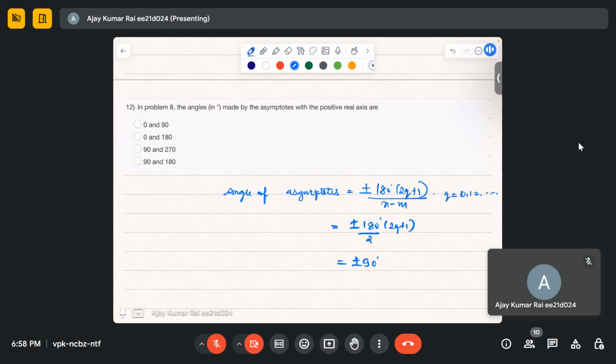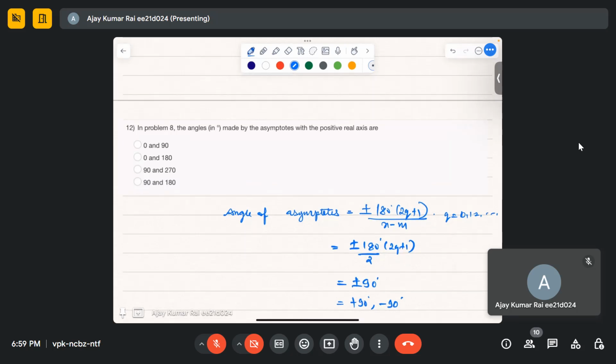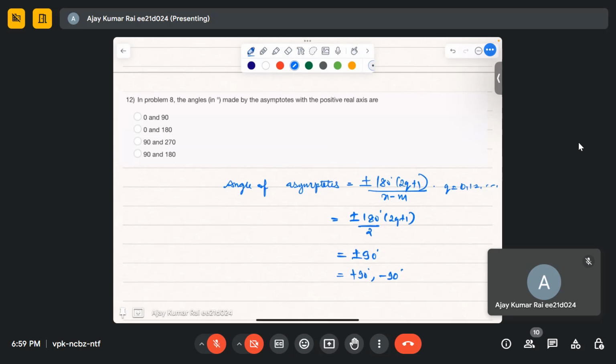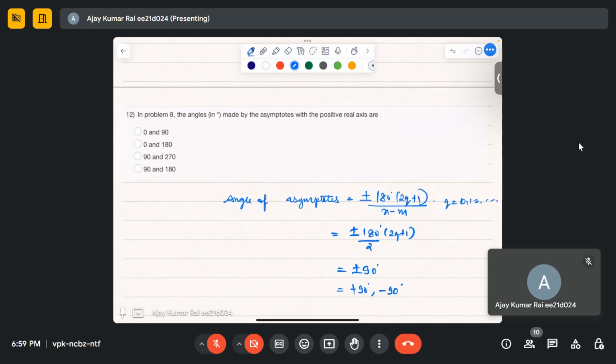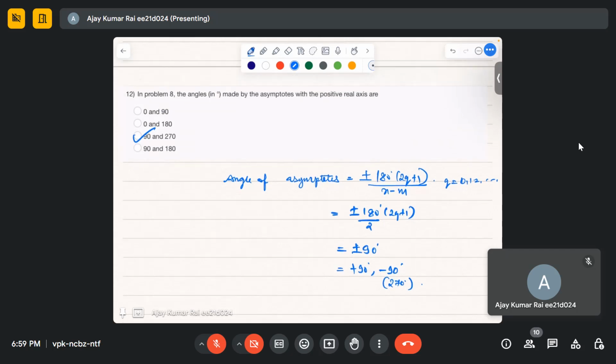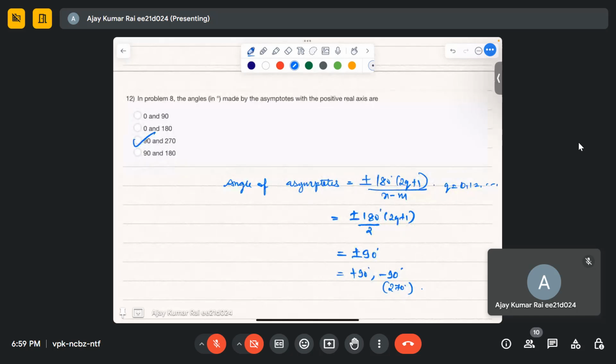So there will be two asymptotes, plus 90 and minus 90, which you can also write as 270 degrees. So the third option, 90 and 270 degrees. Any doubt in this? Very straightforward. If you take other values of q, you will be repeating it.